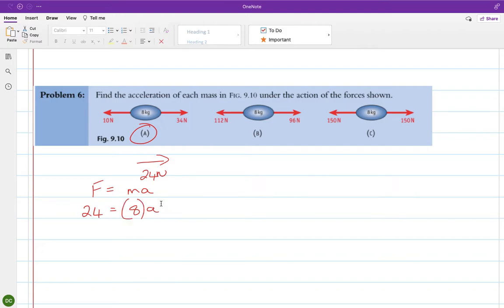So we're trying to isolate the a. We divide by the 8 to isolate the a, and divide by the 8 on this side. And we know that it's 3 meters per second squared. Okay, and acceleration is a vector, and the acceleration will act in the same direction as the force.